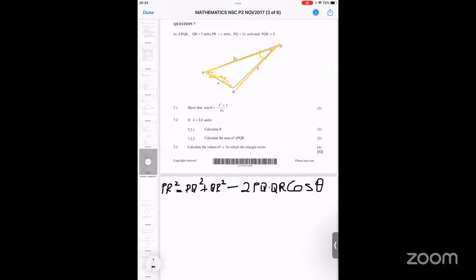Okay, what is PR? PR is x, so x squared should be equal to PQ squared, then you'll have to put it inside the brackets, plus QR squared, minus 2 PQ QR, and then multiplying cos of an angle.